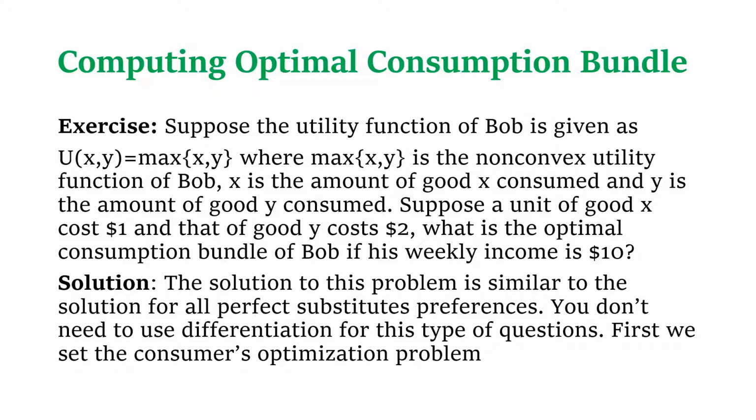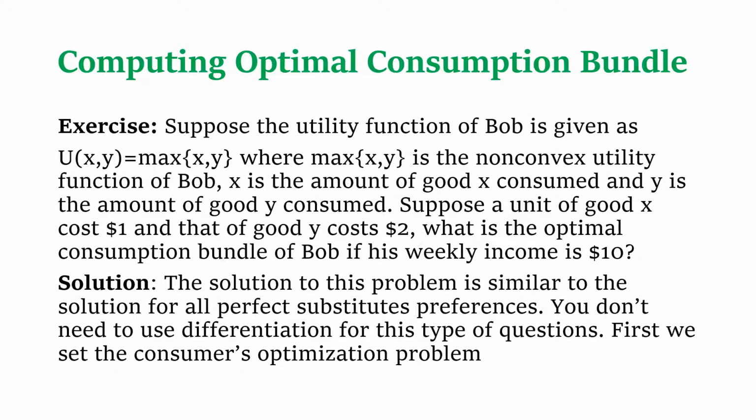So now we have the price of good X, which is $1, and the price of good Y, which is $2. What is the optimal consumption bundle of Bob if his weekly income is $10?